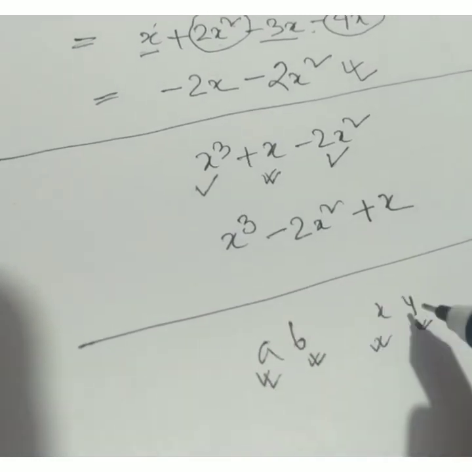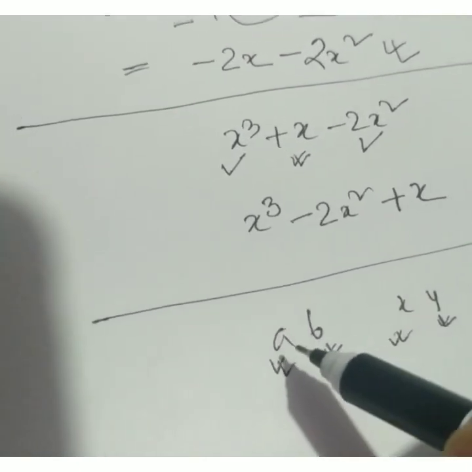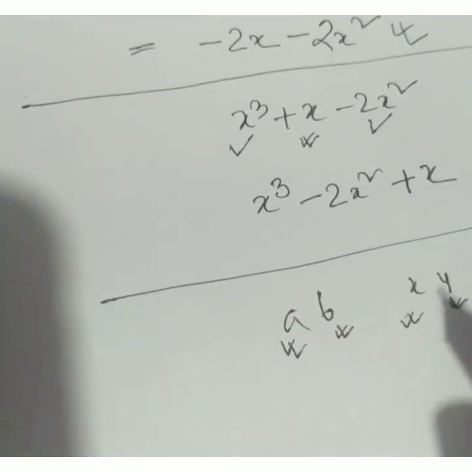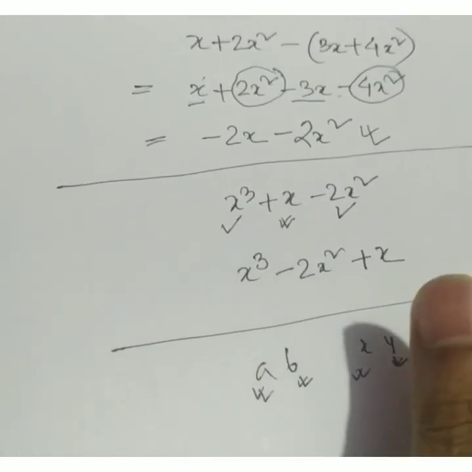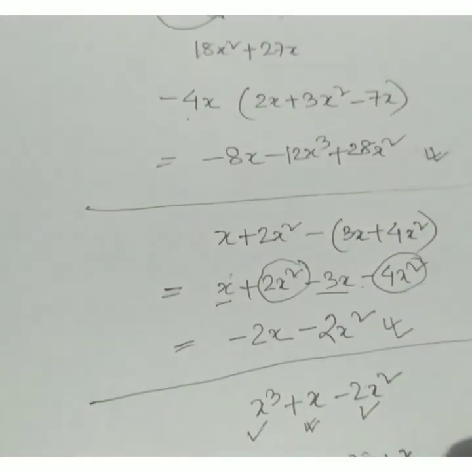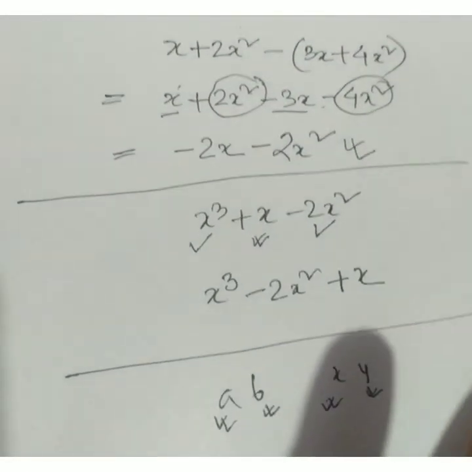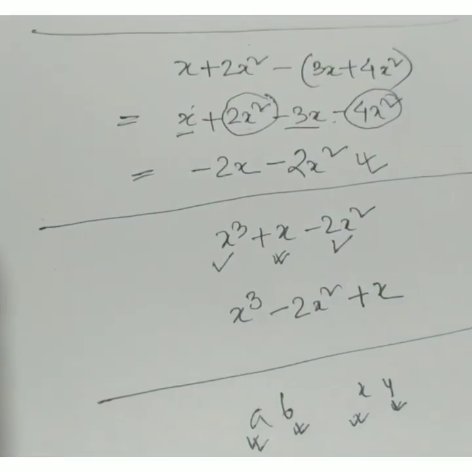When we have more than two variables, we always go with alphabetical order. Okay, this is how we can arrange our division. Alright, so I hope it's very clear, these are the basics before you go through division. Okay, next let's move on to the actual division.